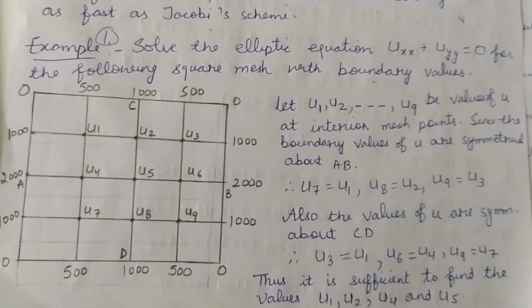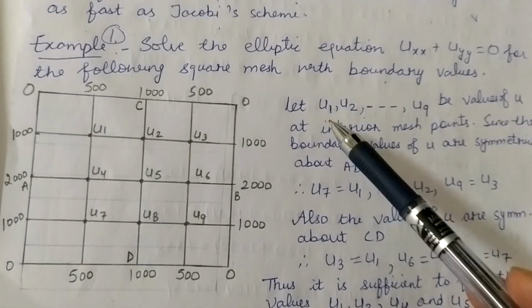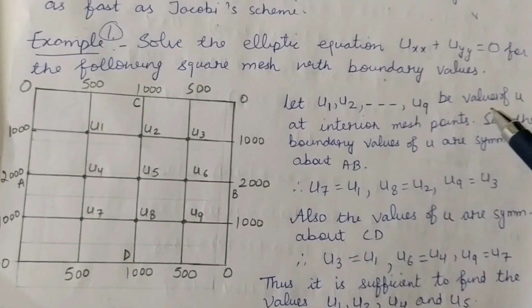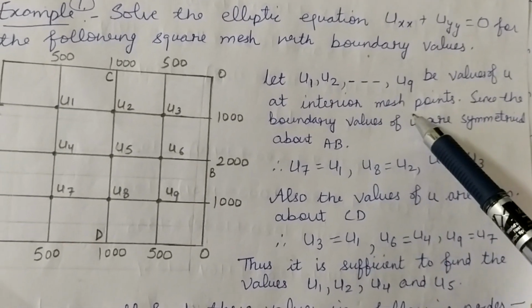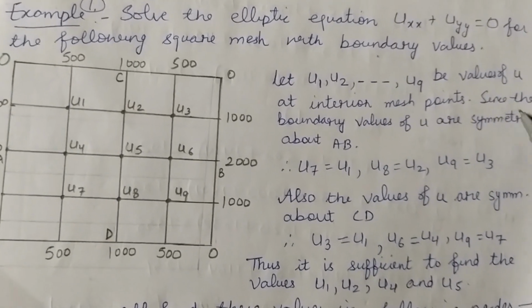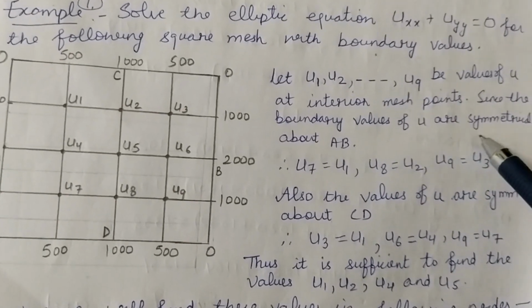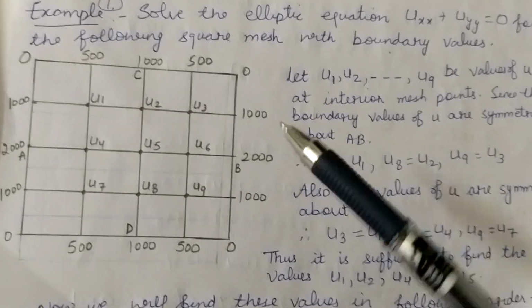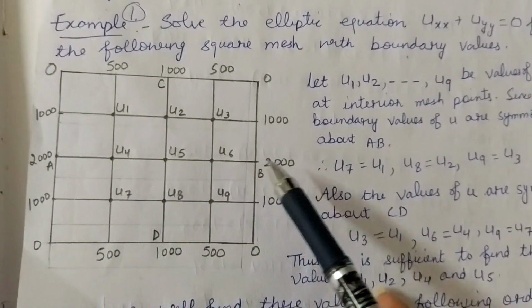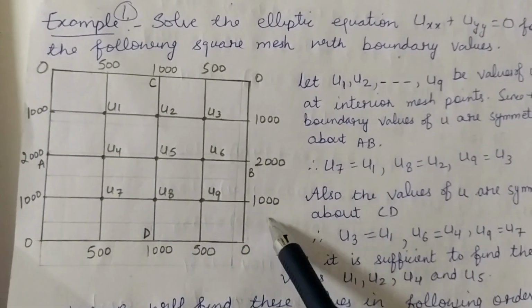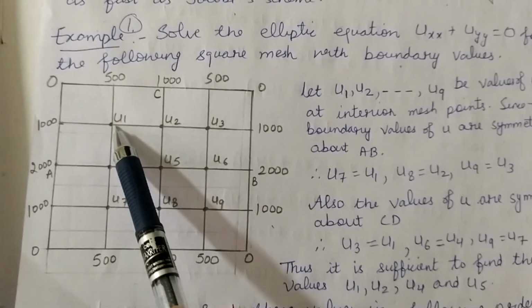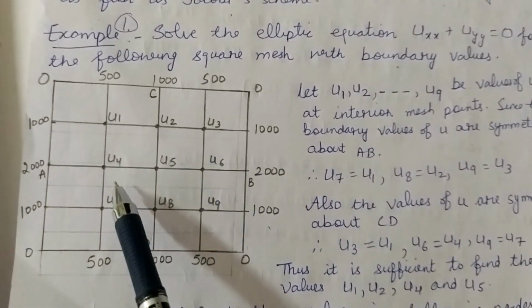So, we will write down that let u1, u2 up to un be the values of u at interior mesh points that we have to calculate. Now, since the boundary values of u are symmetrical about AB, what is AB? This line, AB. Now, the boundary values on this side are symmetrical. This means this value u1 will be equal to u3.